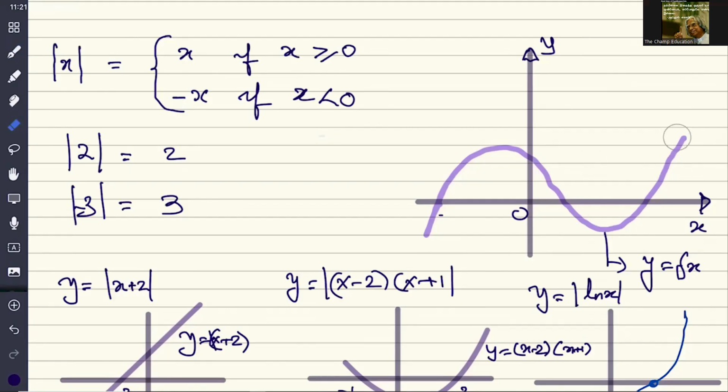It comes from here. Okay. It will come from here. Then stop here. Only this part, you can see this part, that is beneath the x value.